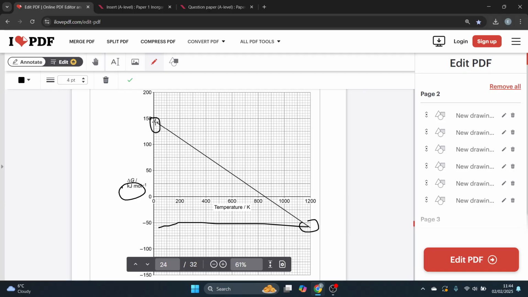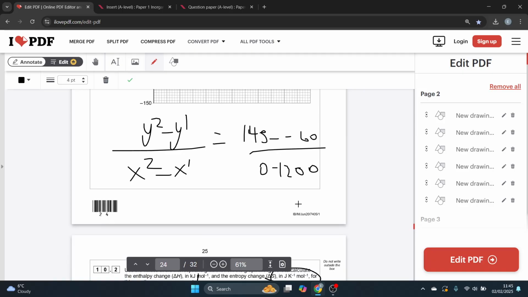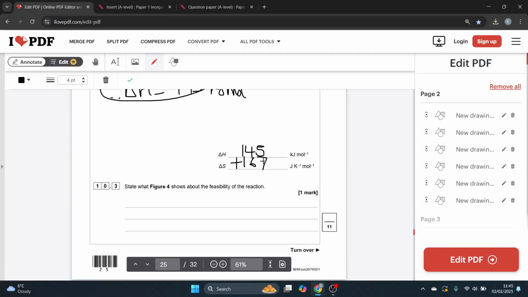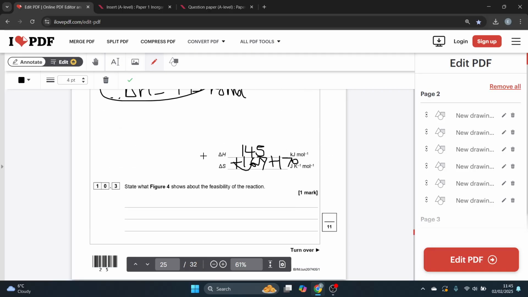The x2 is 0 minus 1200. And yeah, you get 170 in this case, positive 170, once I've timesed it by 1000 as well. The mark scheme allows 167 to 173, so 170 would be perfectly fine, positive 170.